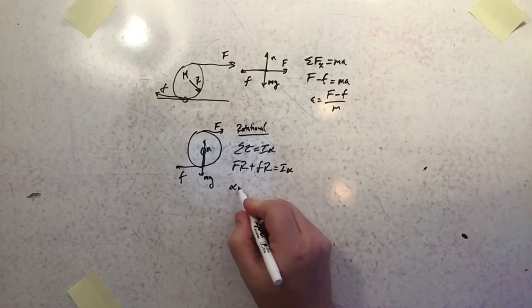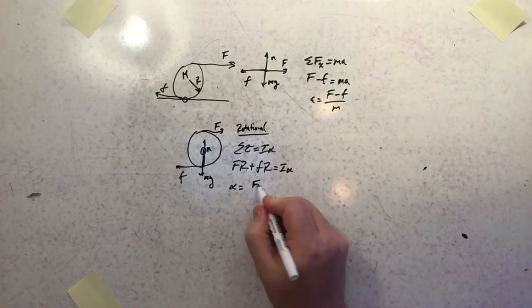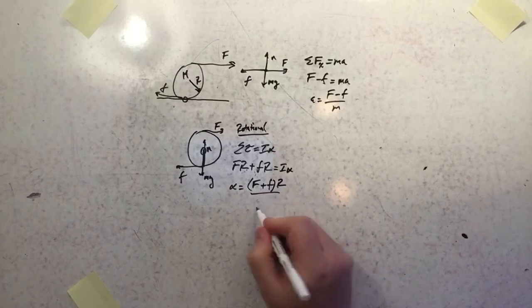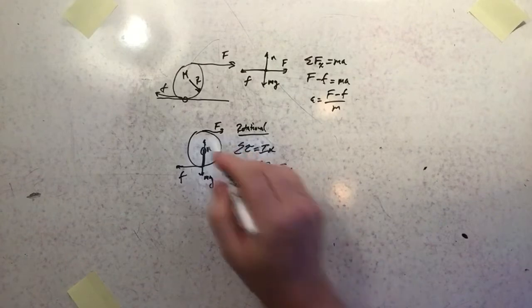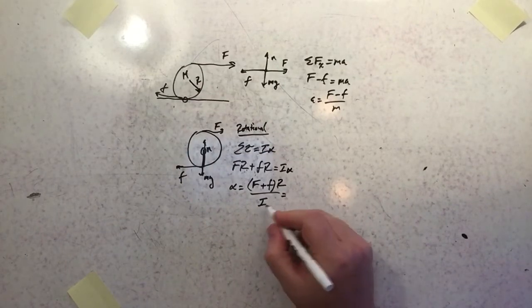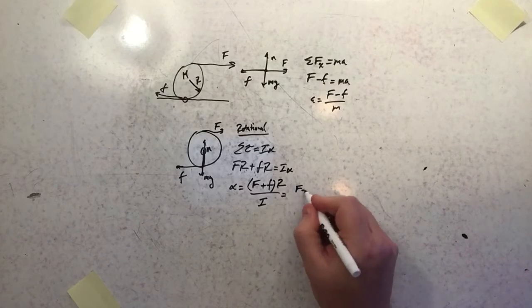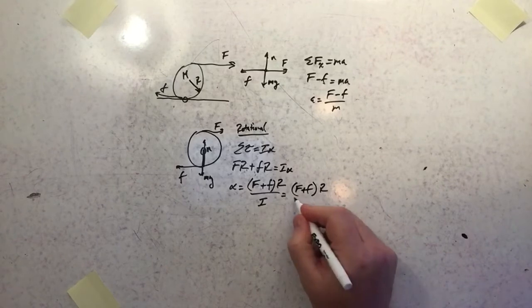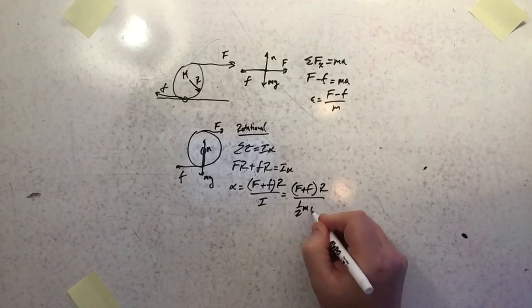That means alpha is equal to F plus f times R over I. And the moment of inertia, because this was approximated as a cylinder or disk, is 1/2 mr squared, so it's F plus f times R over 1/2 mr squared.